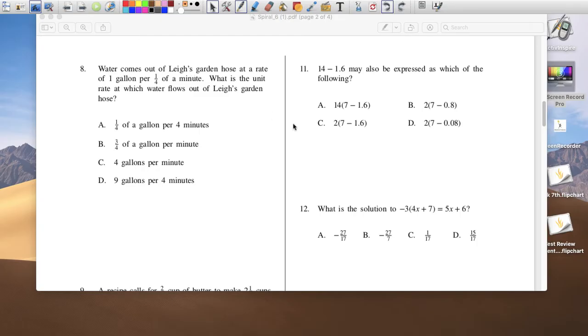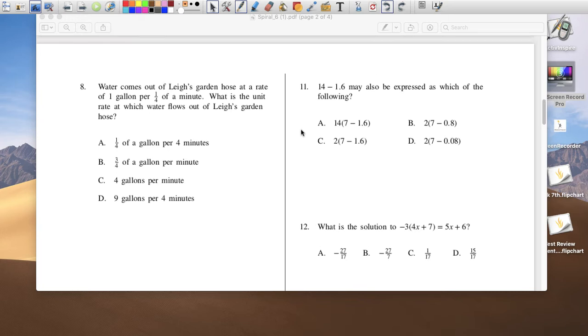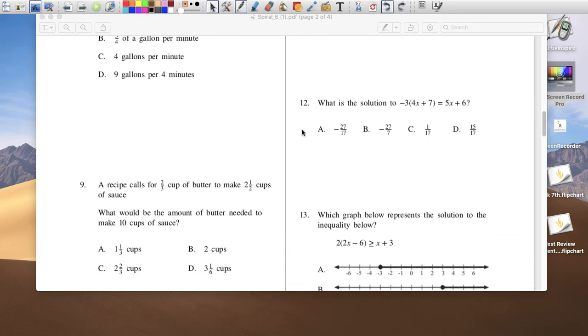12, what is the solution to the equation? Oh, finally. So we have that first equation. What is the solution to this? So I'm going to work that problem over here. Negative 3 times 4x plus 7 equals 5x plus 3. So remember your steps here. Do we have anything to combine? Any combining like terms? No, but there is a distributive property. So let's take care of that. Actually, I should have done that first, right?